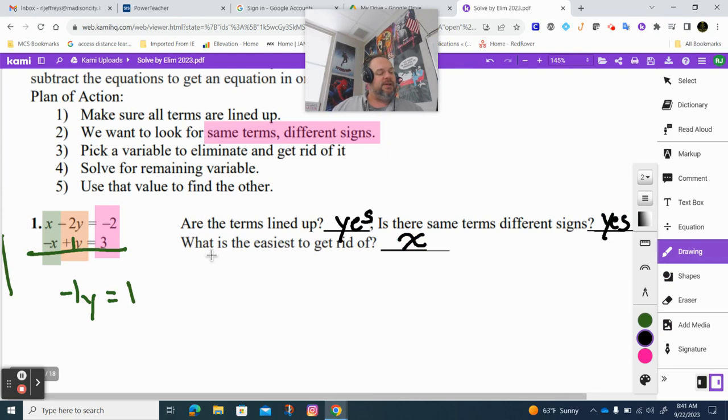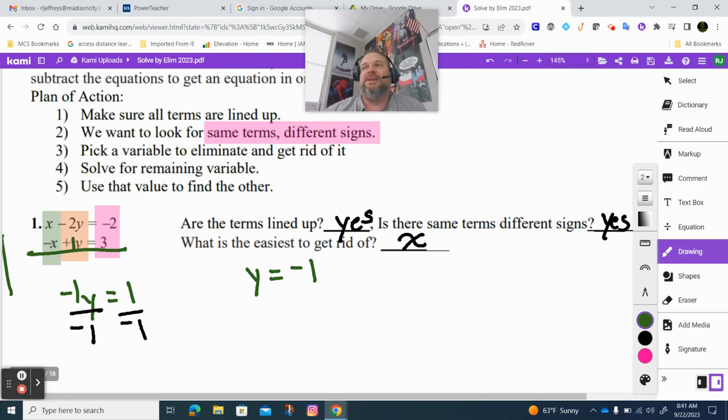How would I solve this right here? Good. Yeah. Multiply or divide by negative 1. So I get y equals negative 1. So this is when you would try to remember, and we'll go over this on Monday. Monday is going to be a good kind of review because you actually have to solve by the best method.